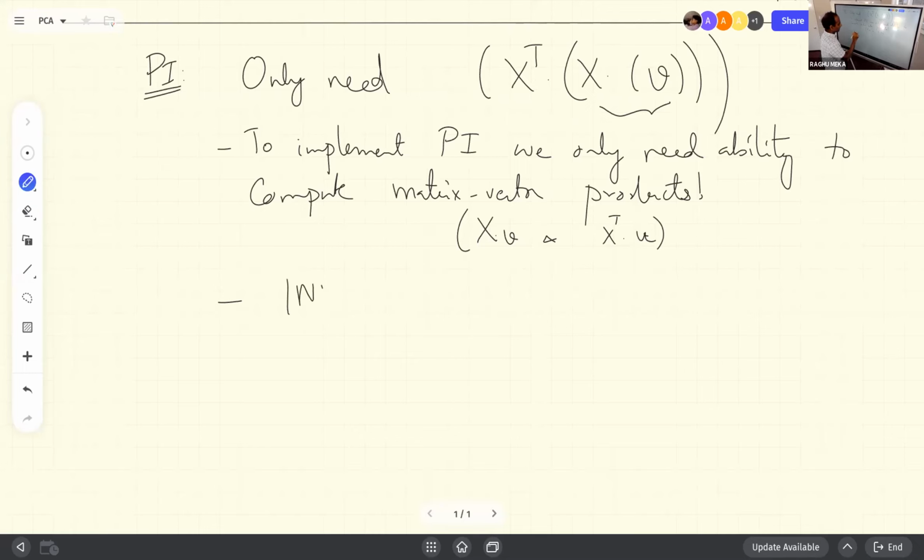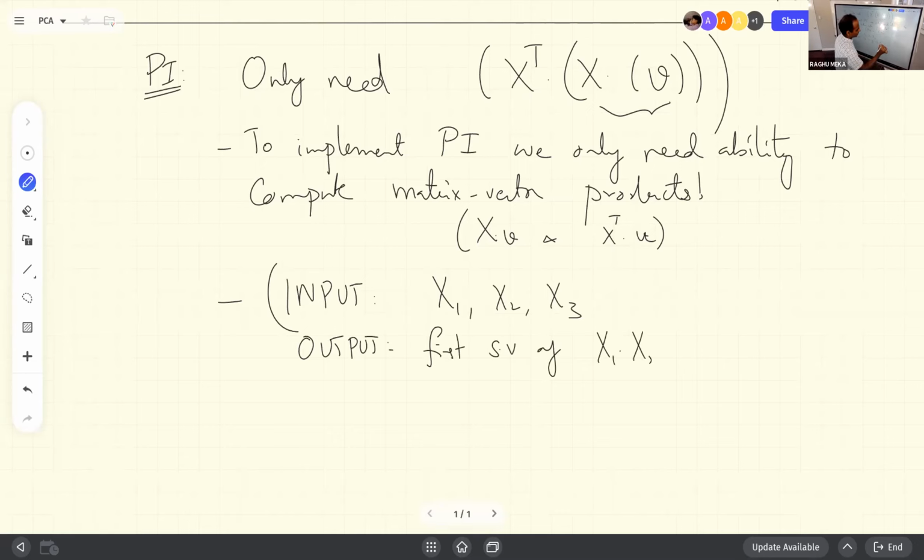So I give you as input, and let's say, x1, x2, x3, and I ask you to compute the first singular vector of x1 times x2 times x3.